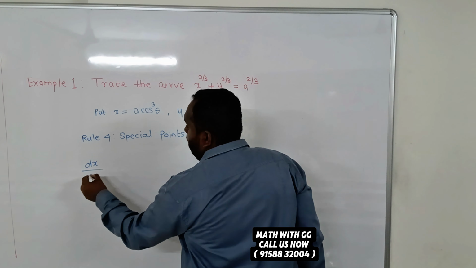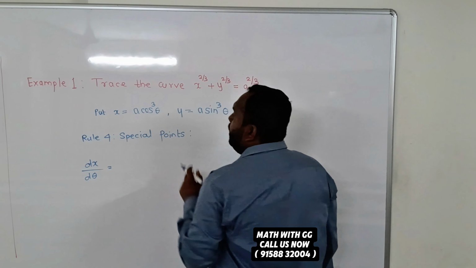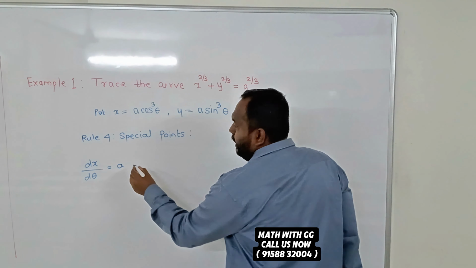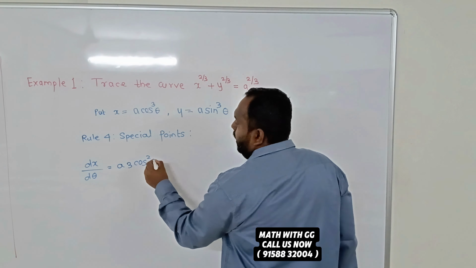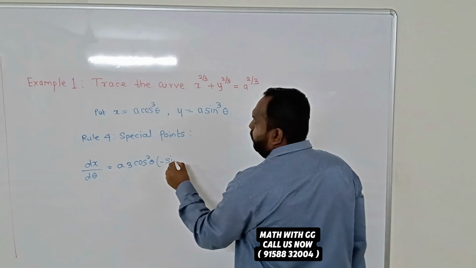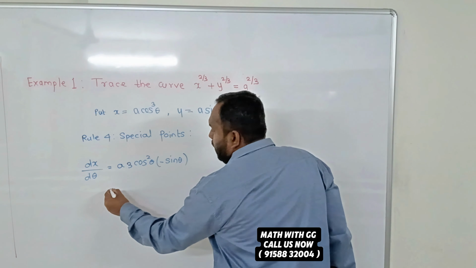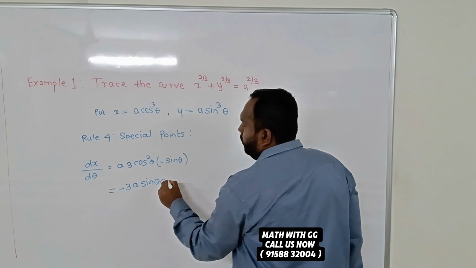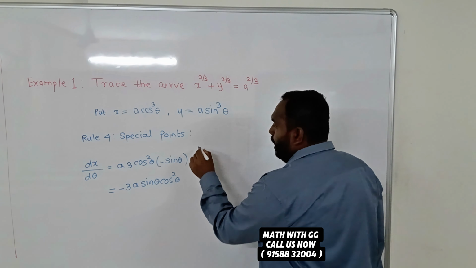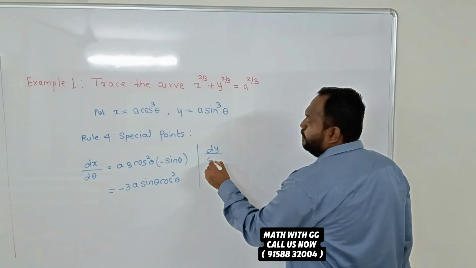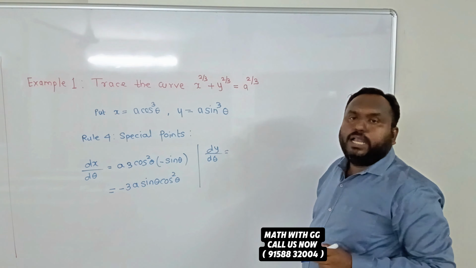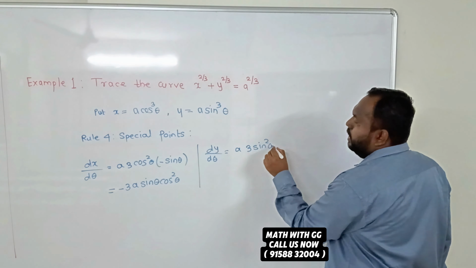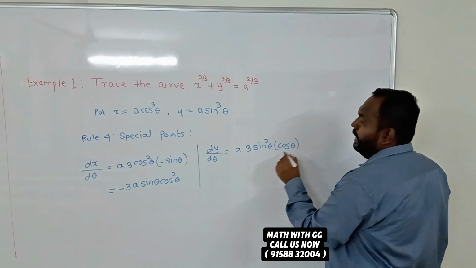So differentiating x with respect to theta, we get a times the derivative of cos cube theta, which is 3 cos square theta into the derivative of cos theta, that is minus sin theta. Simplifying, we get minus 3a sin theta cos square theta. Similarly, if we differentiate y with respect to theta, we get dy by d theta equal to a times 3 sin square theta into the derivative of sin theta, cos theta.